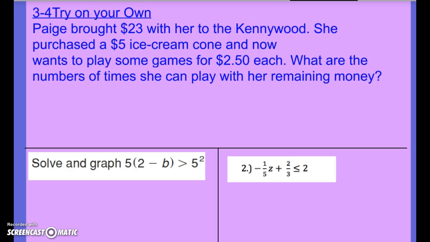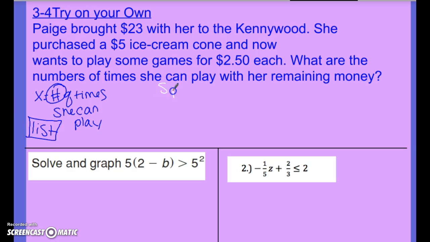Okay, for the first one, you should have first said that x equals the number of times she can play. Because I saw the word number, I know it's going to be a list. Then I know she brought $23. So what she spends has to be less than or equal to what she has.